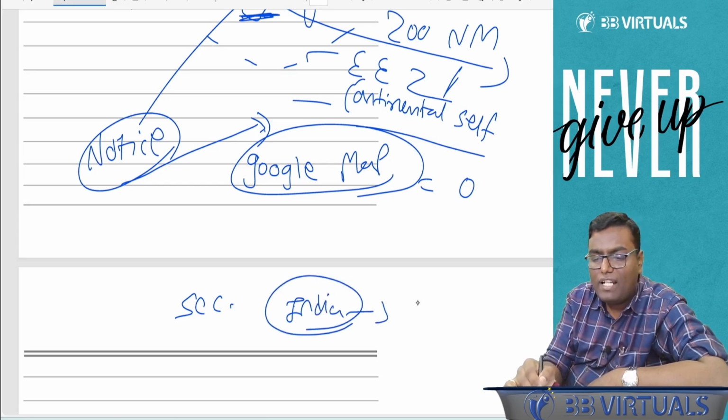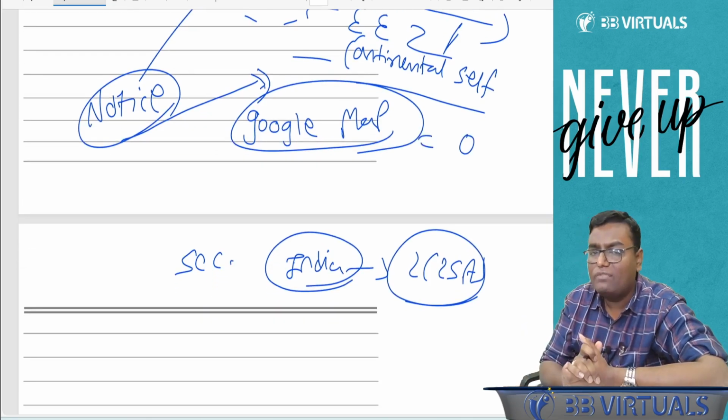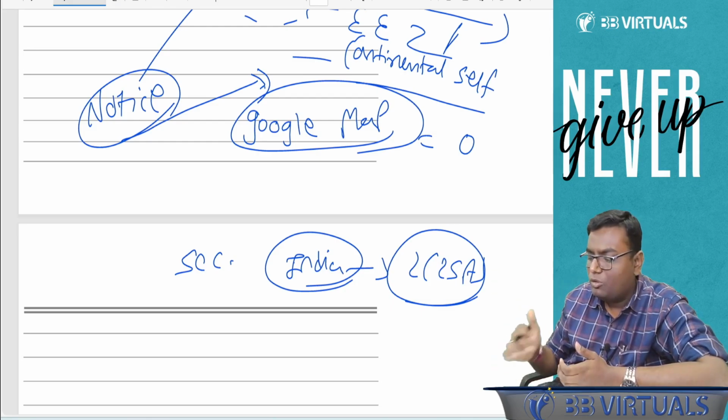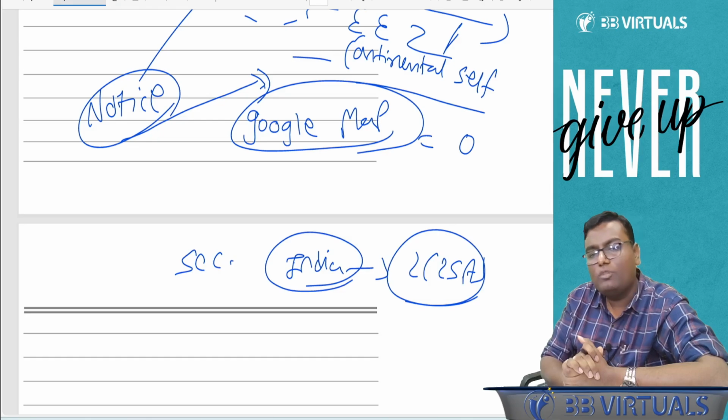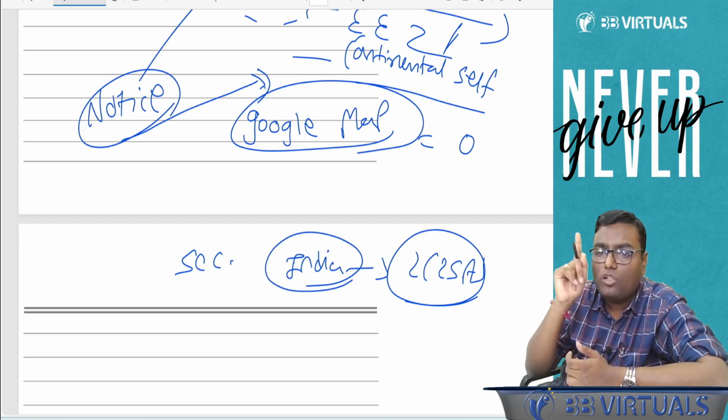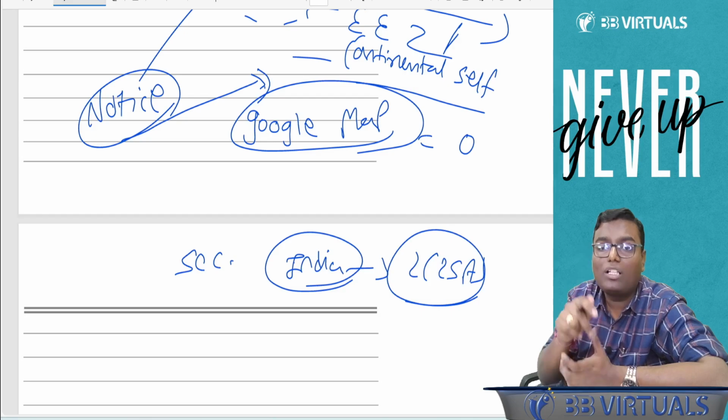The word India is defined in Section 2(25A) of the Income Tax Act, which says what India is: the land defined in Article 1 plus up to 12 nautical miles territorial water, up to 200 nautical miles exclusive economic zone. My client, Google Maps, is neither working on the land nor working in the water.